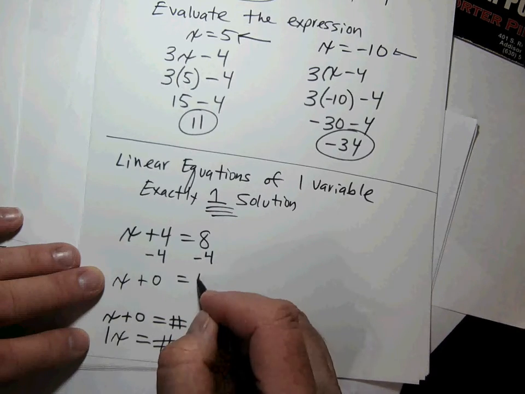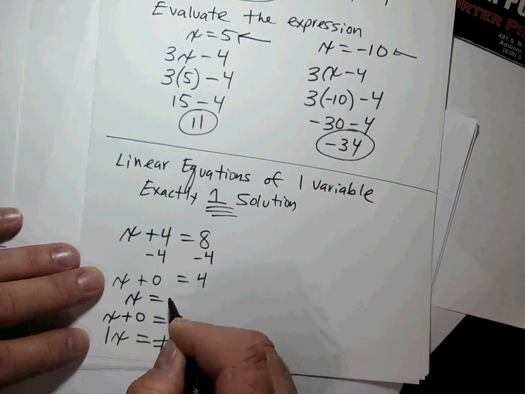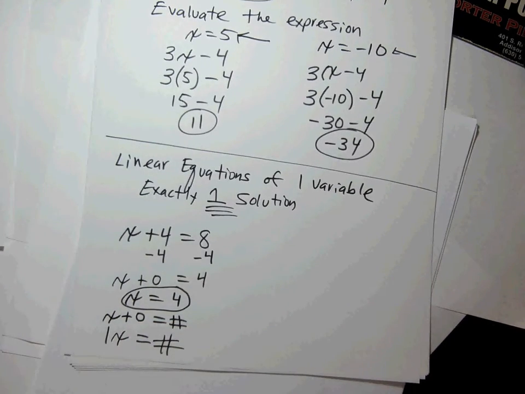I've got to figure out that number. It's 4. And then we, of course, just drop the + 0, and we say x = 4. Okay, that's how we're going to solve these problems. Eliminate all obstacles in the way of 1x = number, and then that's the answer, because I'm looking for x.